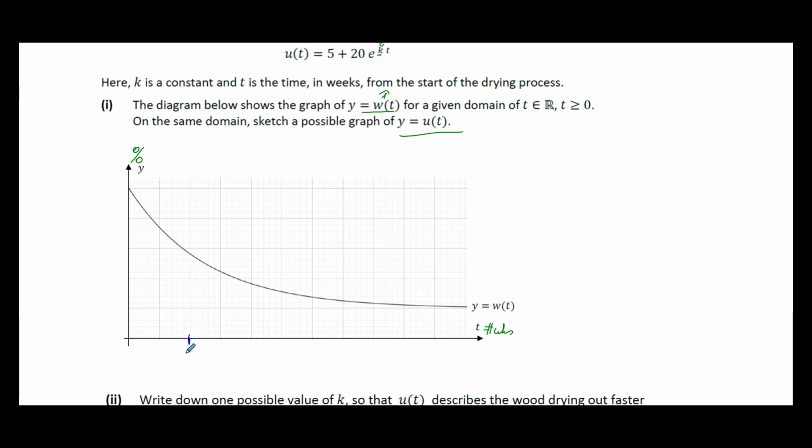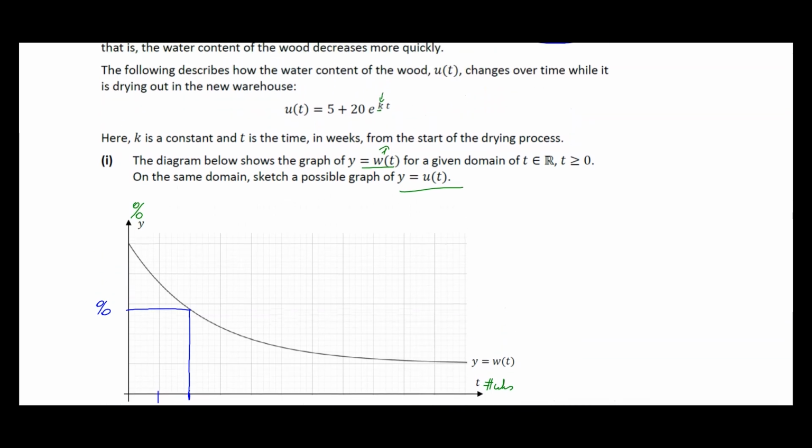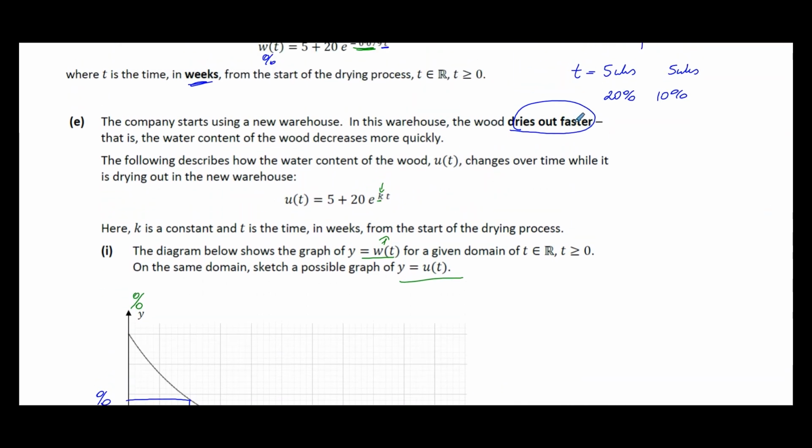Let's say that's 5 weeks. So at 5 weeks, this is where the percentage of the old warehouse is. Where should my percentage in the new warehouse be? It should be what? Lower, isn't it? Because we are told that here it dries faster.